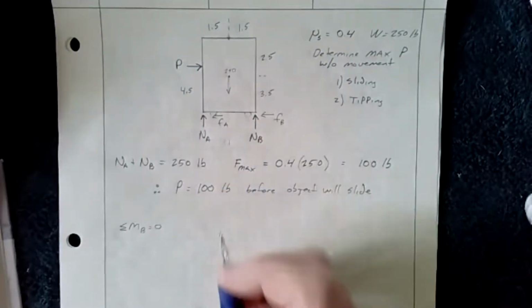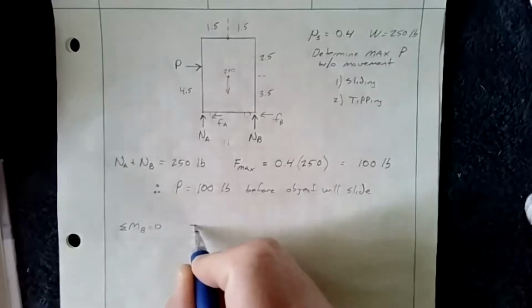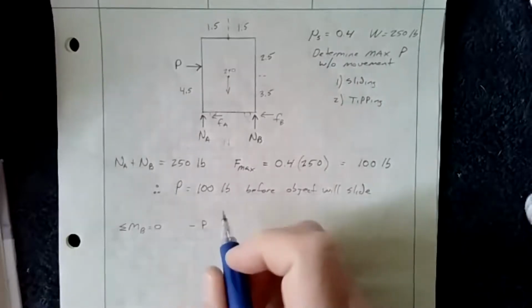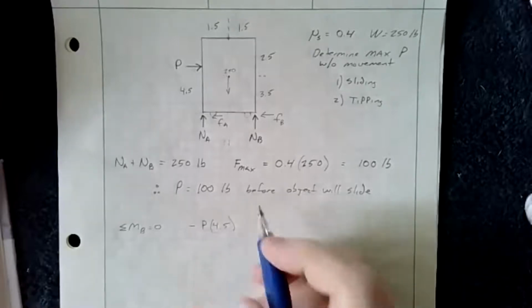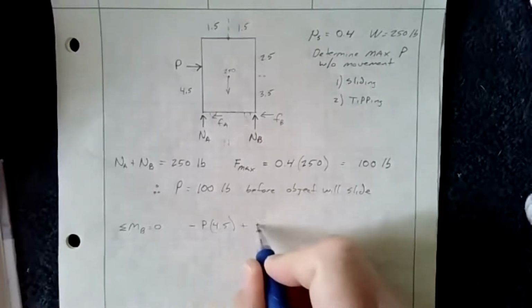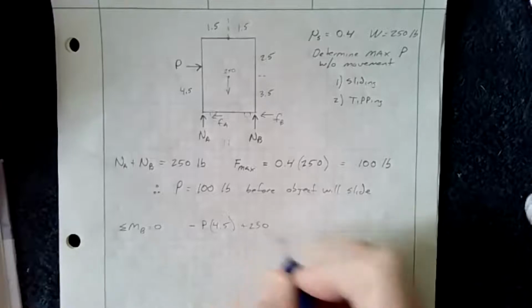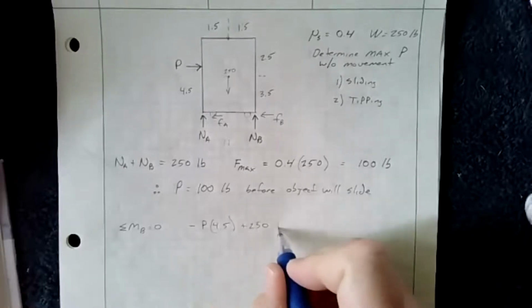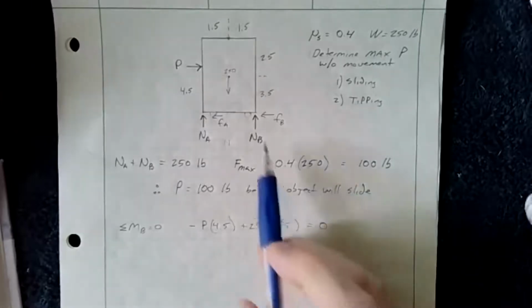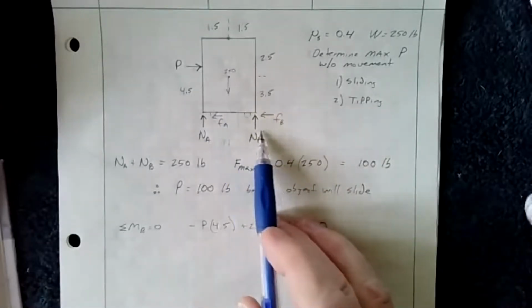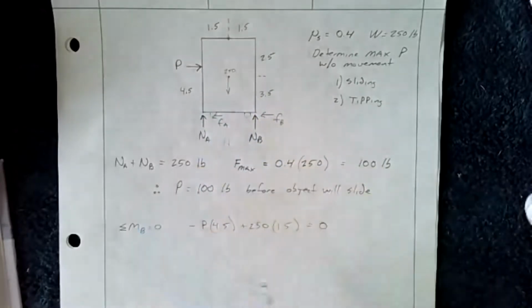So if we do this, we have essentially minus P times 4.5 plus 250 times 1.5 equals 0. So 250 counterclockwise, P times that.